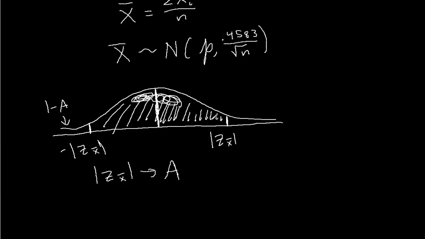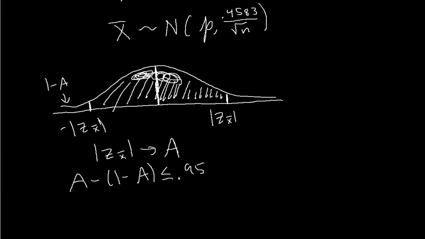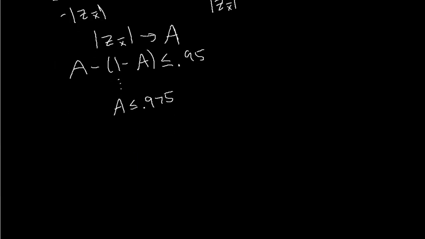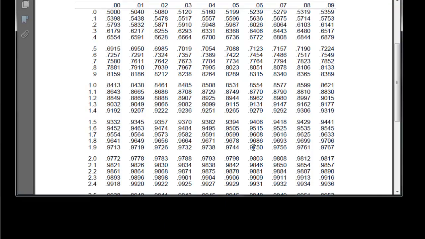So to get just this symmetric part of the bell curve, we would take a and subtract 1 minus a, and we want that to be less than or equal to 0.95. We saw before that you go through this inequality and we get a is less than or equal to 0.975, and that means that our z-score, if we look that up on the table, see that's right here, 1.9 and then 0.06, so that's 1.96. So the z-score needs to be less than or equal to 1.96.